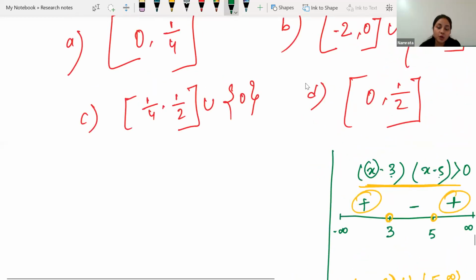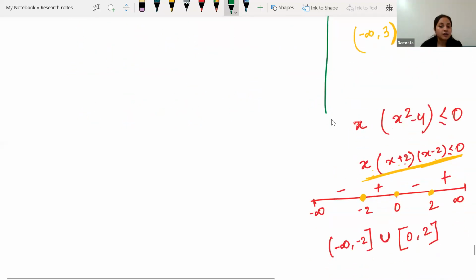So here x was positive. We have directly made the number line, and just from the right we have written plus minus like that. In another one, we have just done the factorization. After factorization also x was positive.